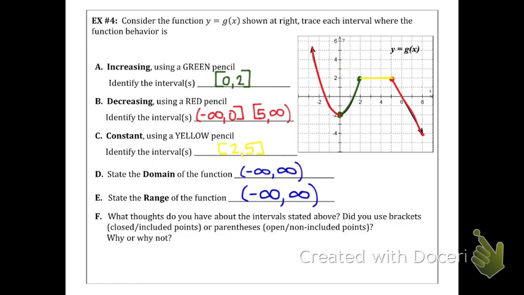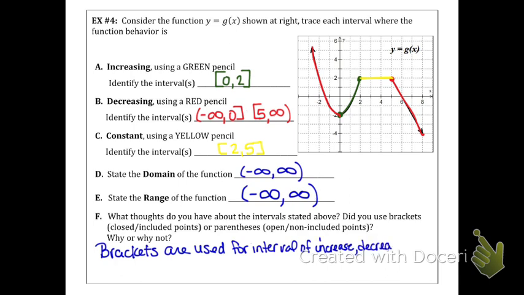All right, so brackets are used for intervals of increase, decrease, or constant as they are closed intervals.